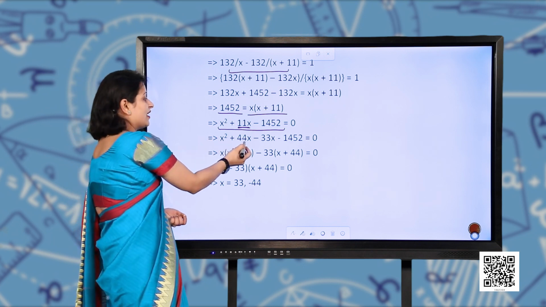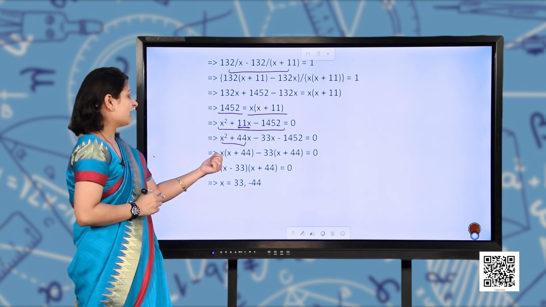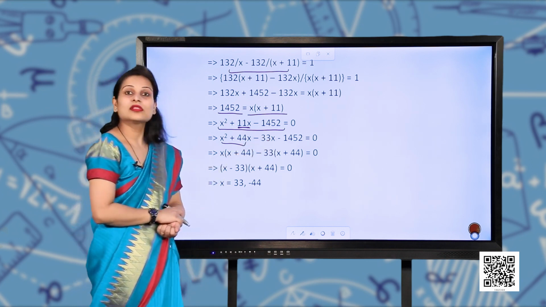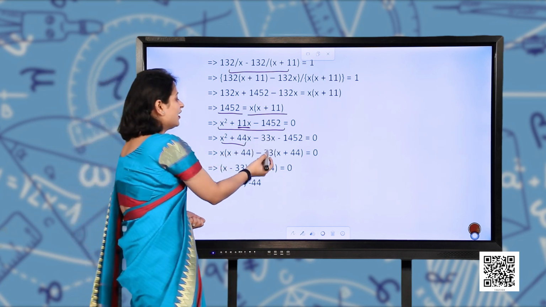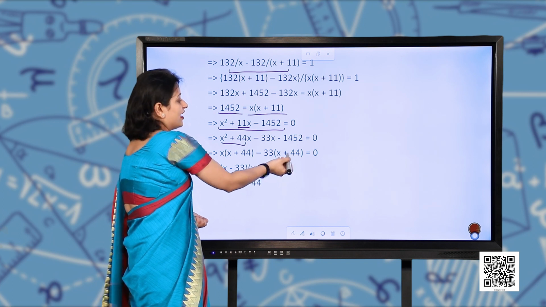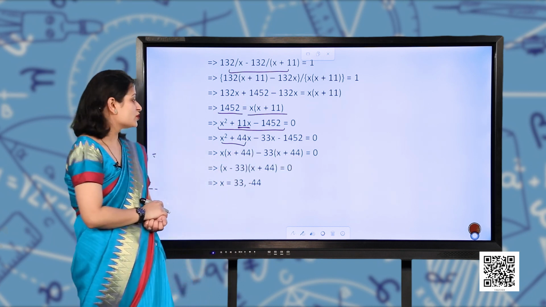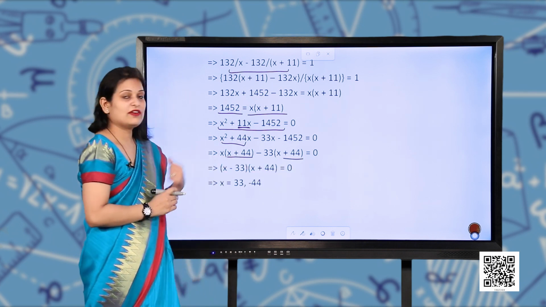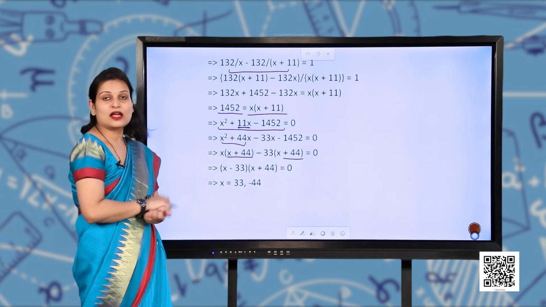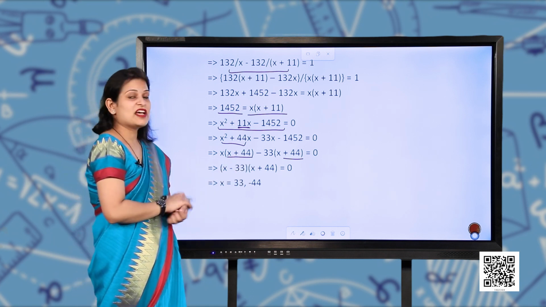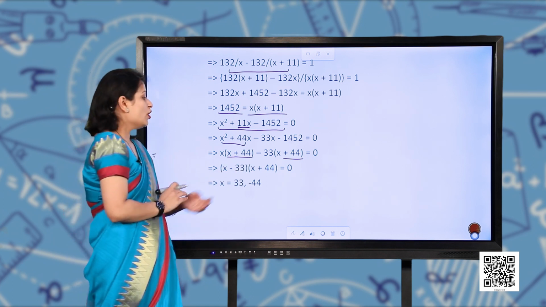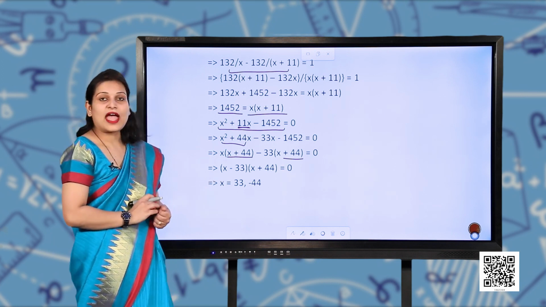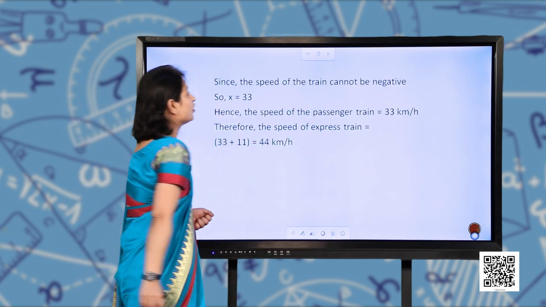You can take out x common here, so we will get x into x plus 44, and from here you can take out 33 as common, so you will get minus 33 into x plus 44 equals 0. Now, in both we have x plus 44. So, we can write this as x minus 33 into x plus 44 equals 0. So, we can calculate the value of x as 33 and minus 44.